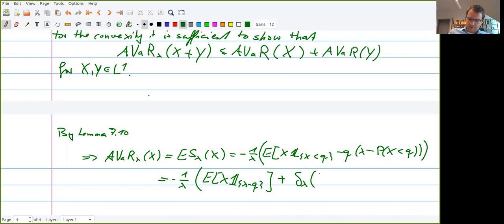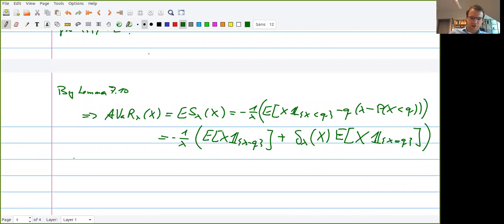I put here delta of x, then multiplied with the expected value of x multiplied with the indicator function of x being equal to q. Okay, it's pretty obvious what the delta lambda of x has to be.